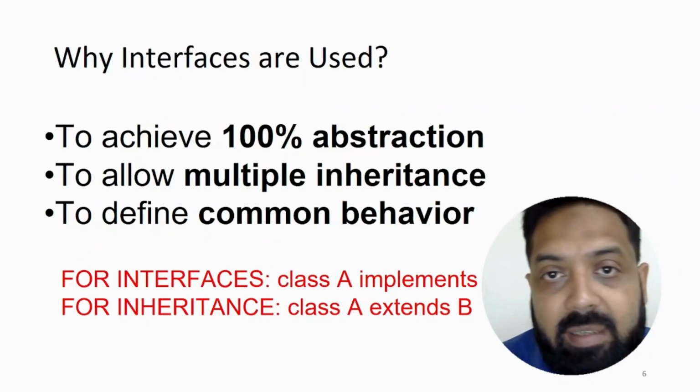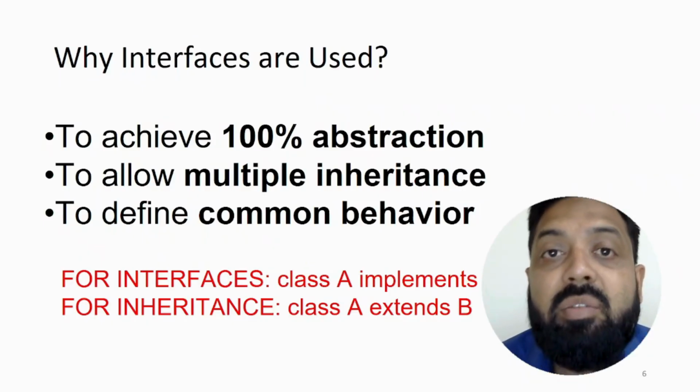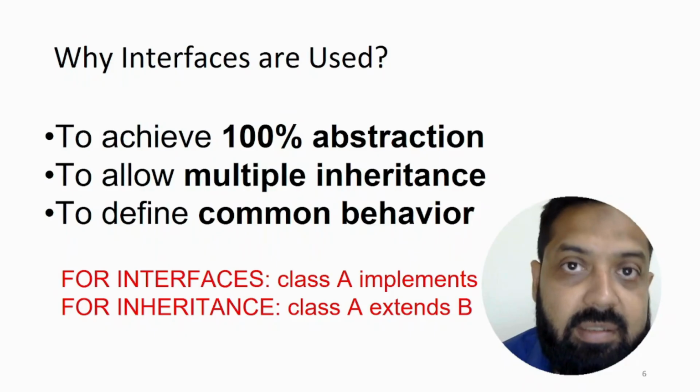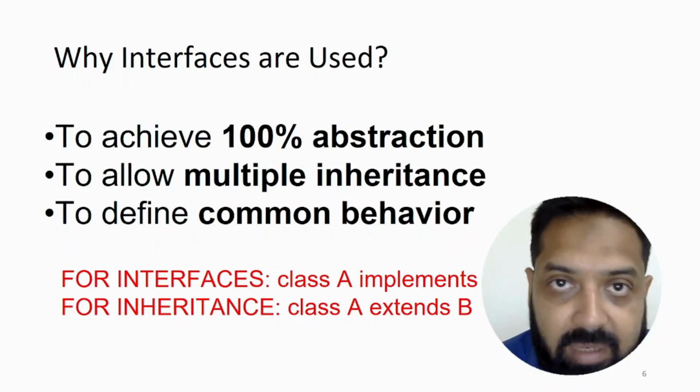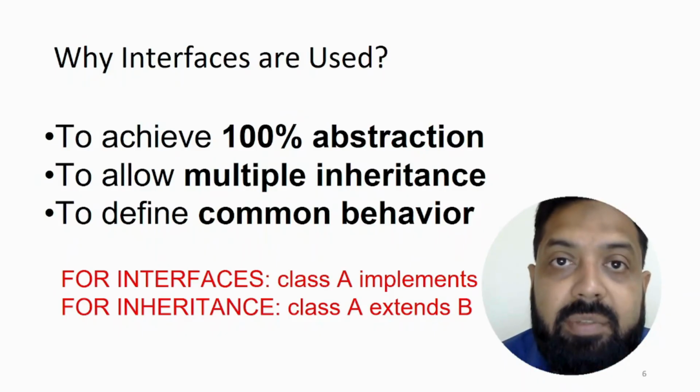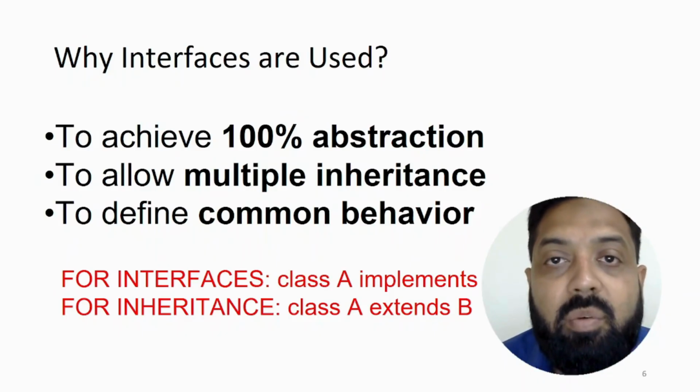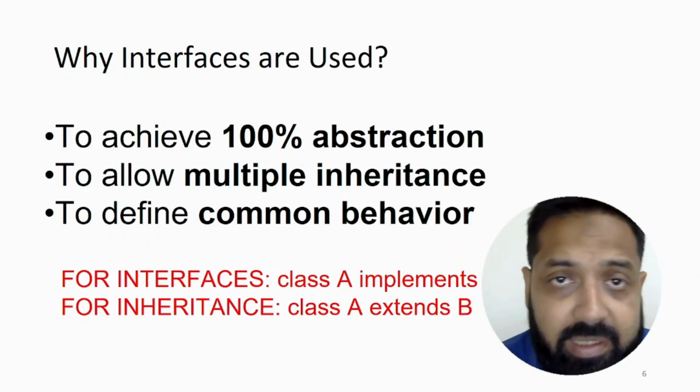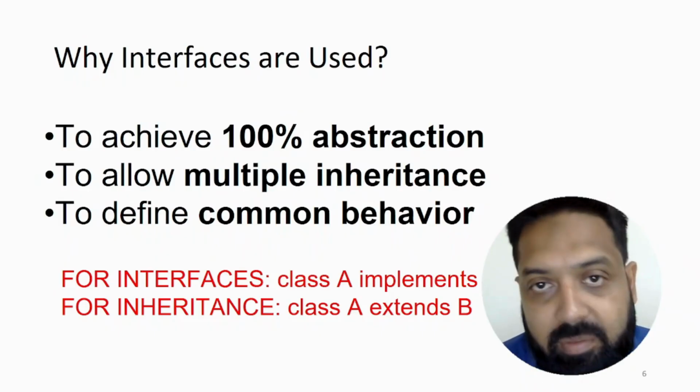So what is the alternate way? The alternate way is to add interface classes in your Java application program. Interfaces do support multiple inheritance. An interface contains a collection of abstract methods, and secondly, an interface contains common behavior.